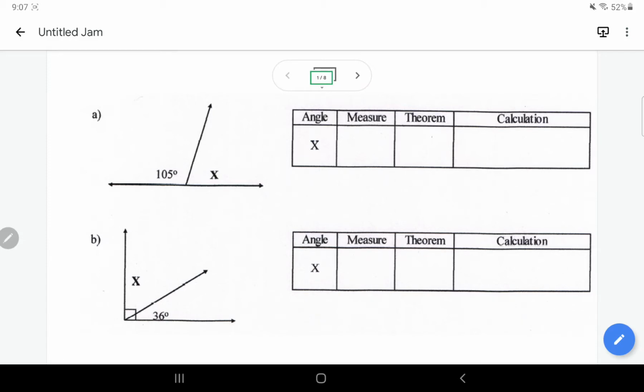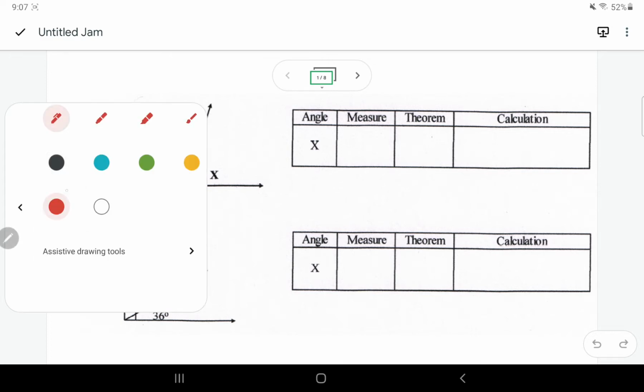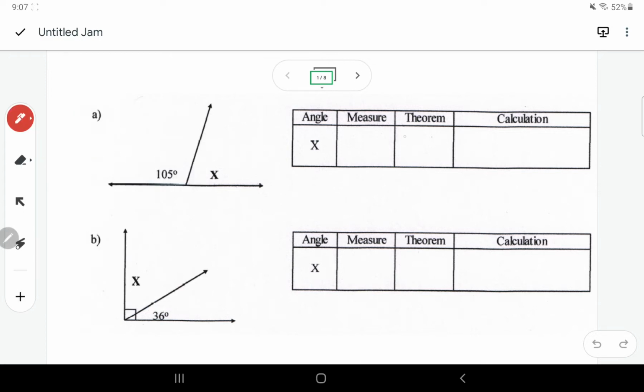Okay, so the first one, we have X and 105, and that would be the supplementary. So I'm going to put the theorem in here.